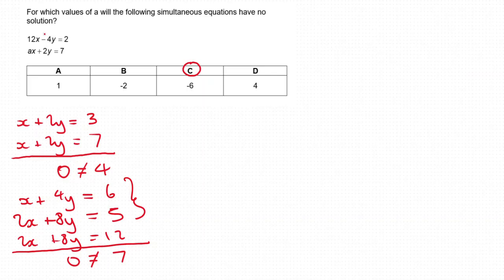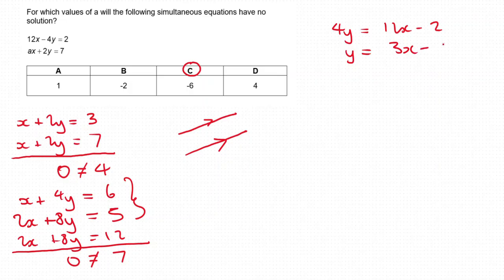We could also look at it as these are two straight lines. So when do we get no solution? It's when the two straight lines are parallel, i.e. they have the same gradient. So if I rearrange these equations, I would get 4y equals 12x minus 2, i.e. y equals 3x minus a half.